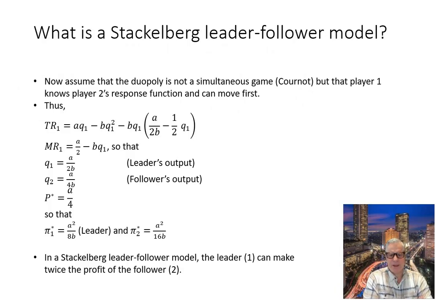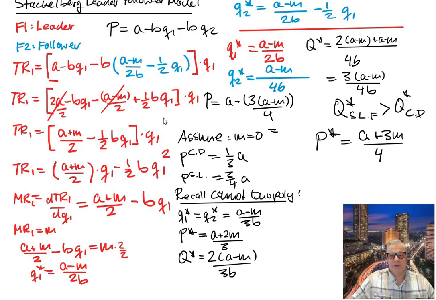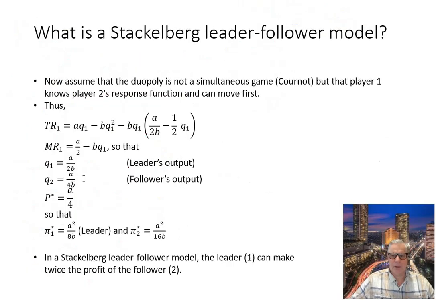So I have summarized it again here, and I assumed for simplicity that I ignore marginal cost, and then you see the leader's output is A over 2B, which we derived here, but we still have here the M. You can plug in a 0. Follower was A over 4B.